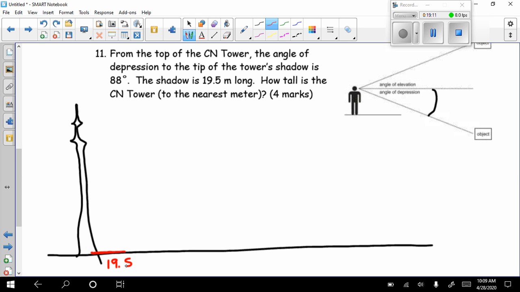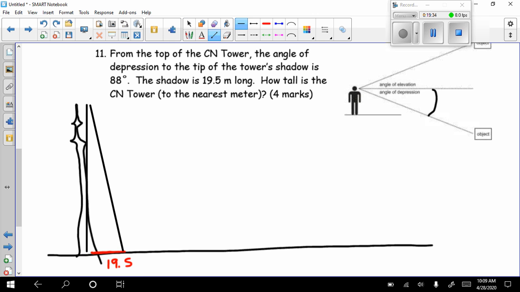And that's only 19.5 meters long. I'm going to now just use my line tool to fix this up. So if I went straight up to the top of the tower, I'm going to draw another line from the top down to there.